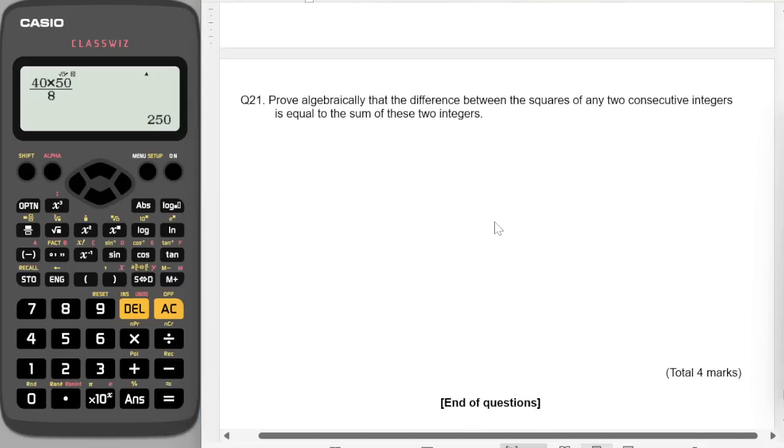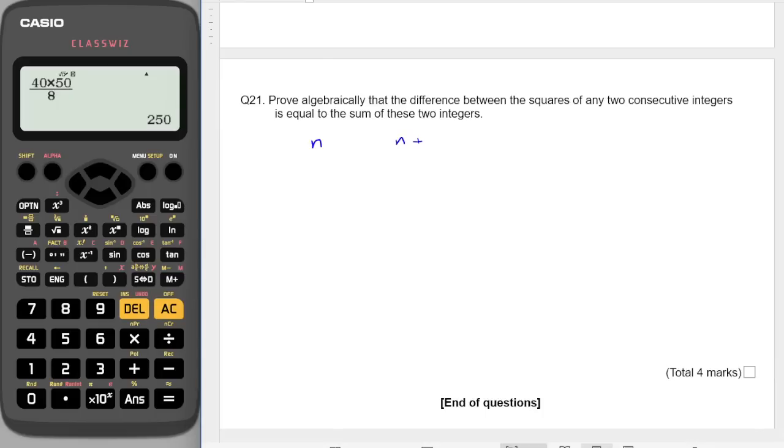Okay, prove algebraically that the difference between the squares of any two consecutive integers is equal to the sum of these two integers. So if I call the integers n and n plus 1, those are going to be my two integers.